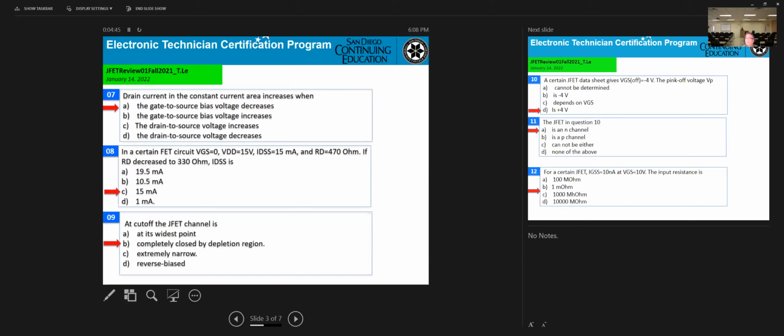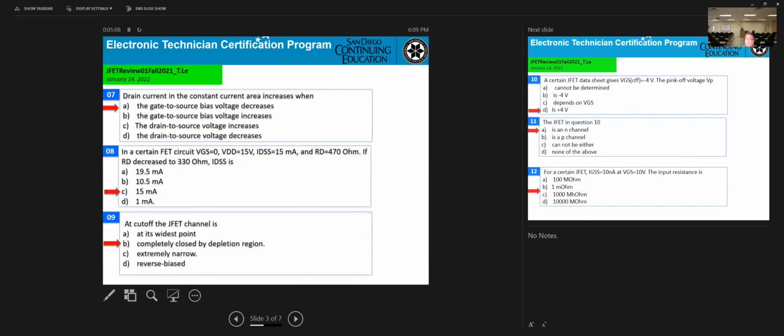Number 8, in a certain FET circuit, VGS equals 0, VDD is 15 volts, IDSS is 15 milliamps, and RD equals 470 ohms.